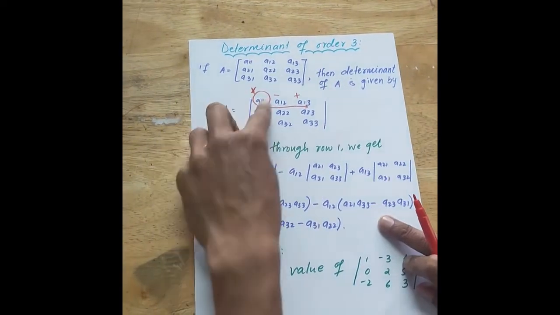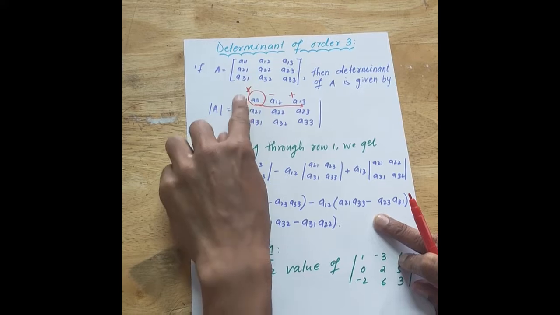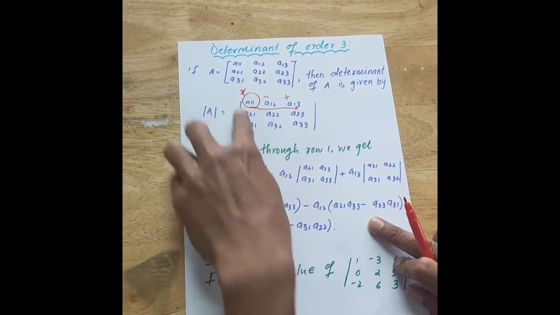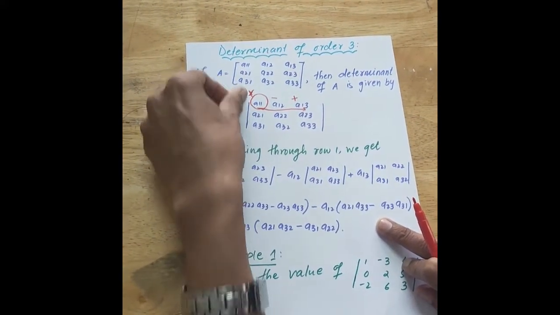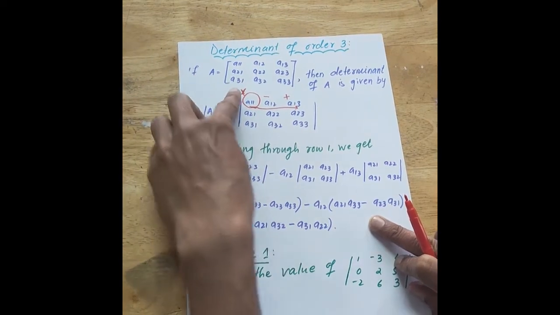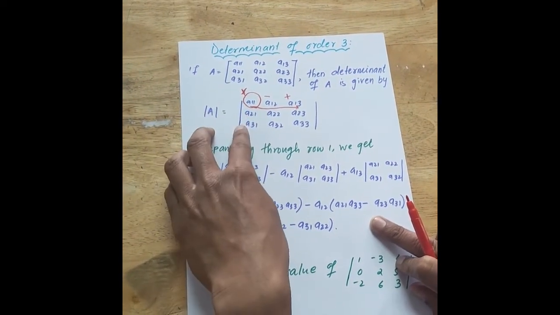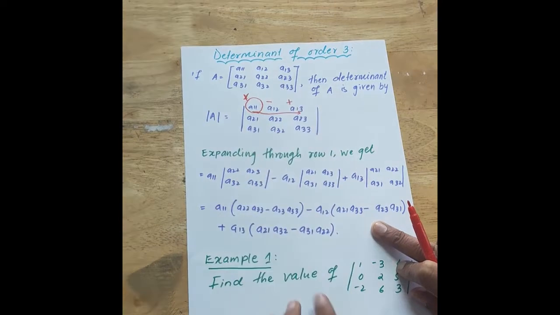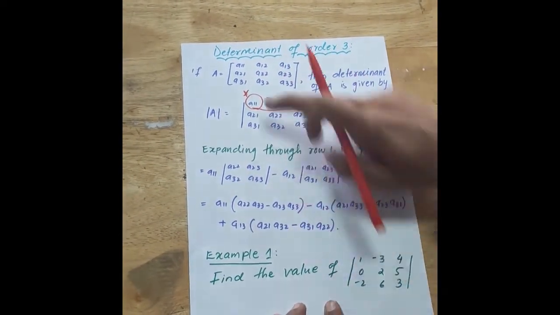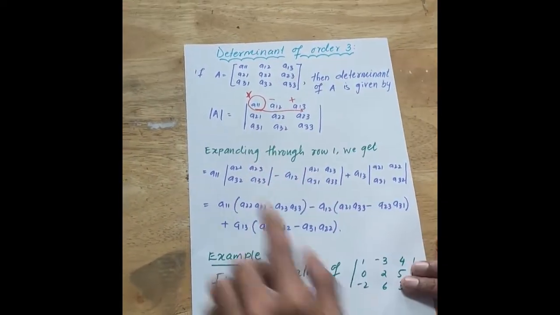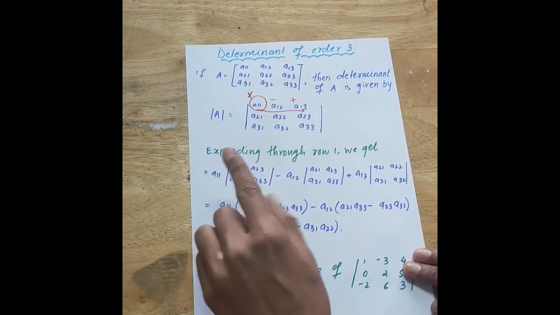Once you give the sign at the left corner, you should have all the signs alternating: plus, minus, plus. You should make use of these signs when you expand or find the determinant.